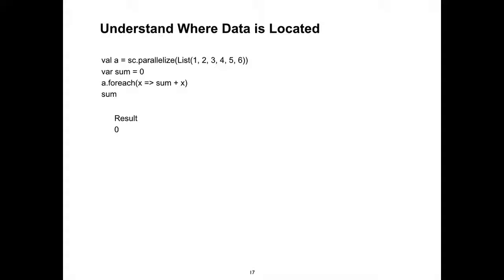What are the arguments for the foreach loop?